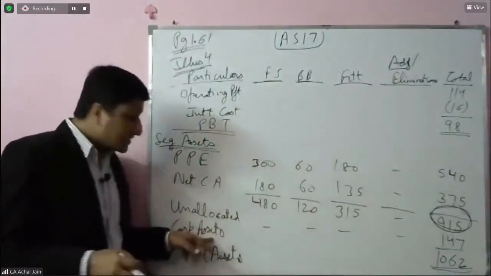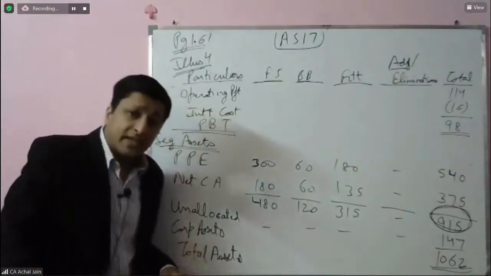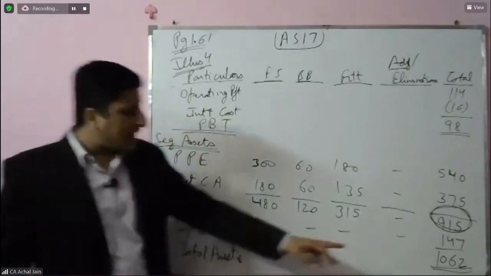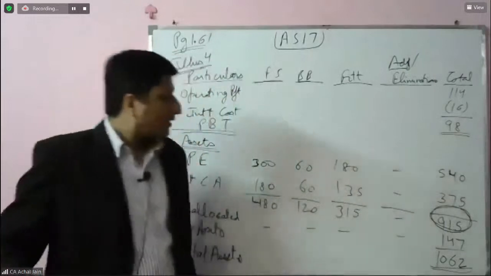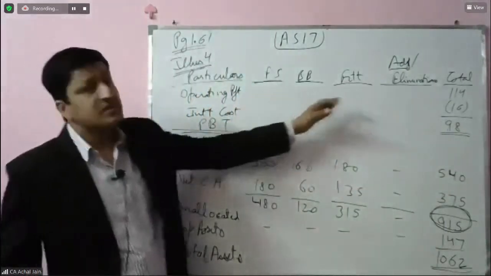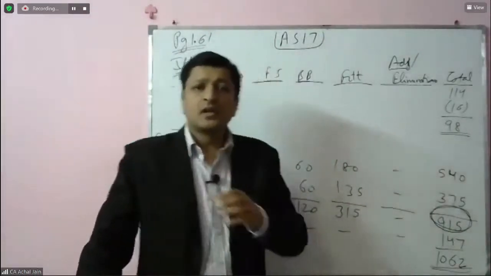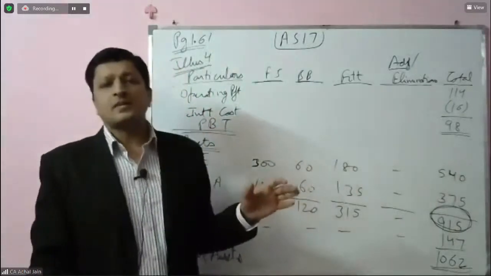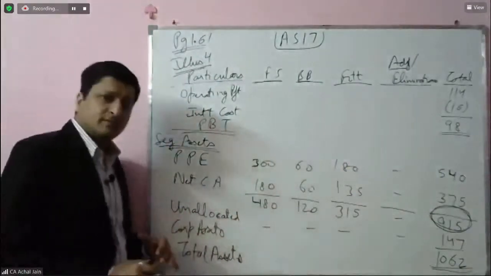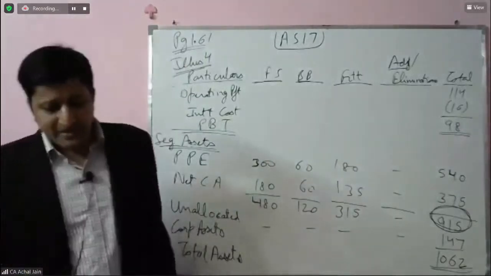But why is this unallocated asset part required to be brought in? So that we can make the user understand that out of the total assets 1062, assets amounting to 915 are belonging to these three segments, and assets amounting to 147 are not allocated to any segments. They belong to the corporate. Clear on this part? If you have any questions, please let me know.